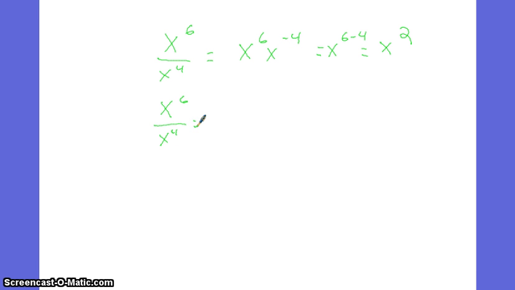This time, write my answer in the denominator. So that's 1 over x to the 4 and x to the negative 6, equals 1 over x to the 4 minus 6 power, equals 1 over x to the negative 2. All right, that's the quotient rule. And if we use the quotient rule, we can eliminate some of that step, so we don't need to write everything out like I just did. I could go from here to here pretty quickly.